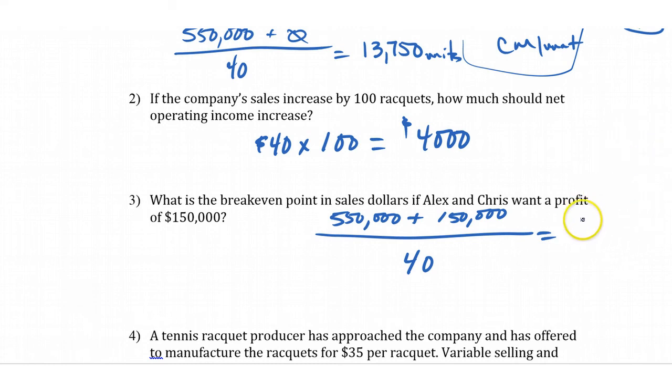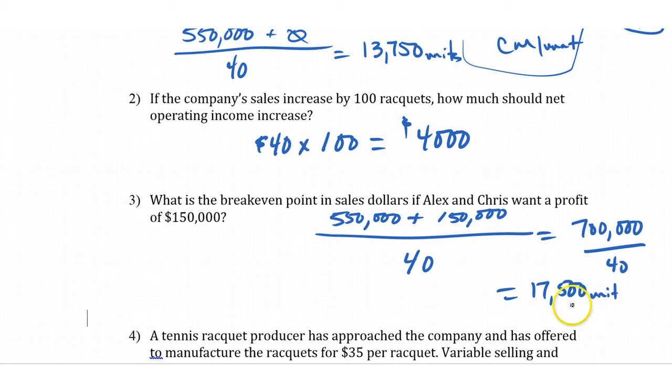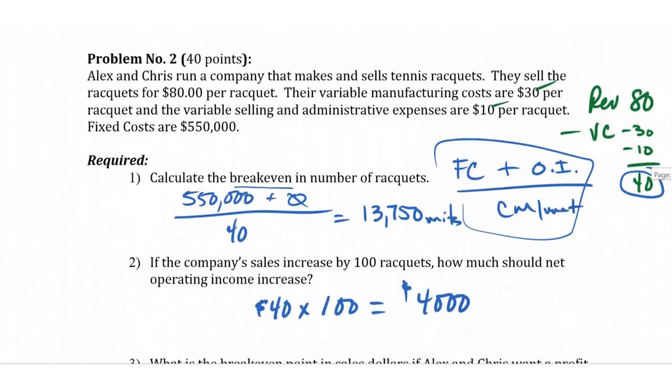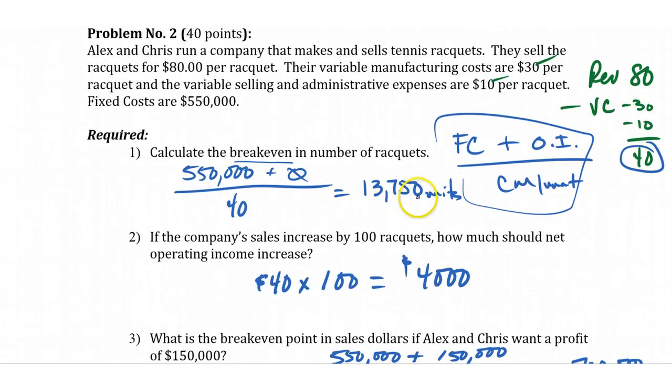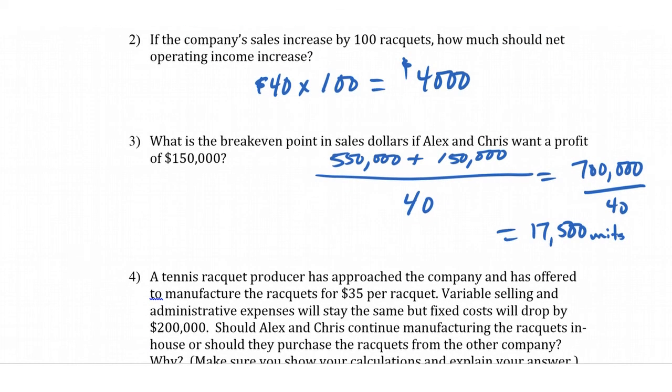What do we have here? We have 700,000 divided by 40 equals our break-even has increased to 17,500 rackets. So it was 13,750 to break even, but to make 150,000 in profit, we're going to have to sell 17,500.